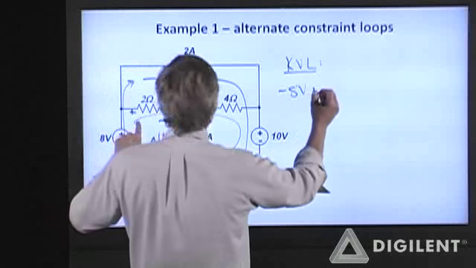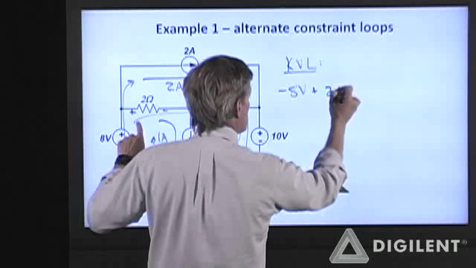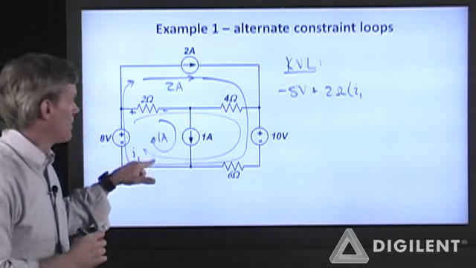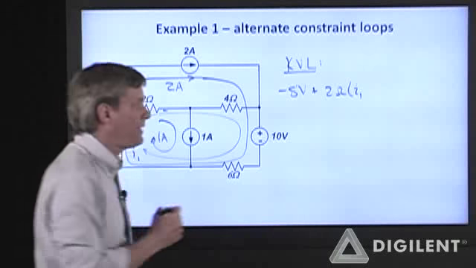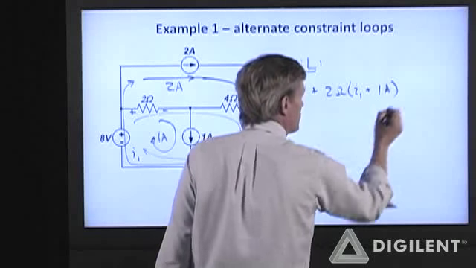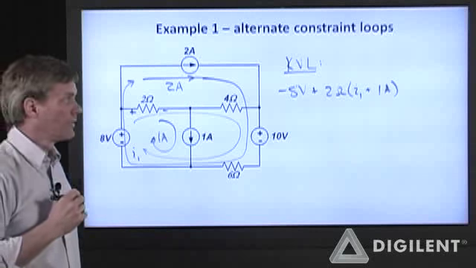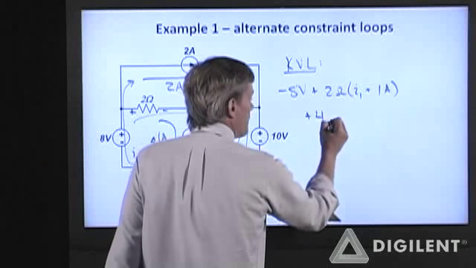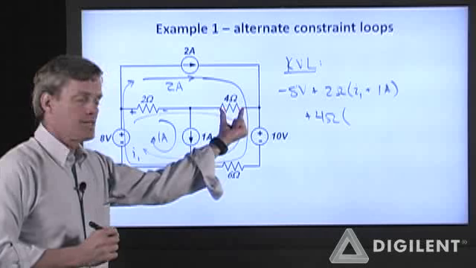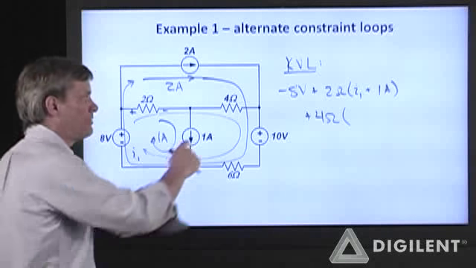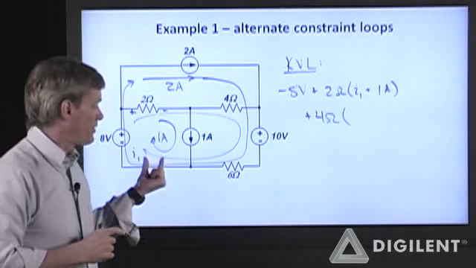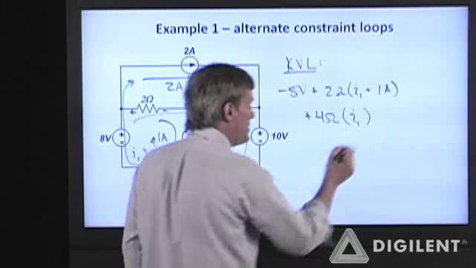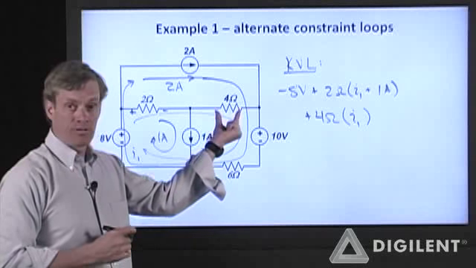So I have plus 2 ohms times I1 is a positive contribution, plus 1 amp is also a positive contribution. Now going through this 4 ohm resistor, the voltage is the resistance times the total current passing through this. The only current going through this resistor is the current I1. Neither of my constrained currents pass through this resistor, right?